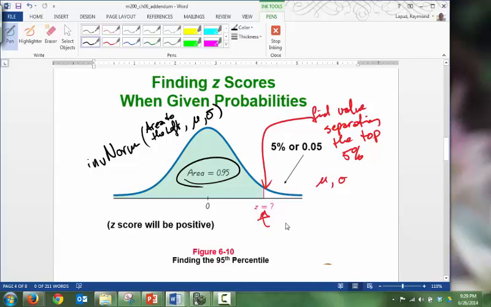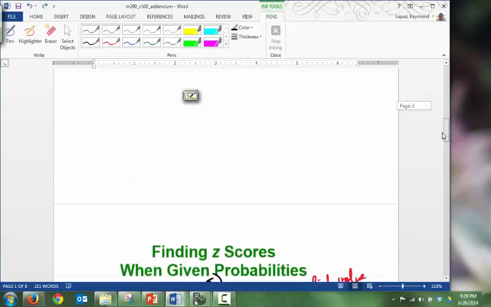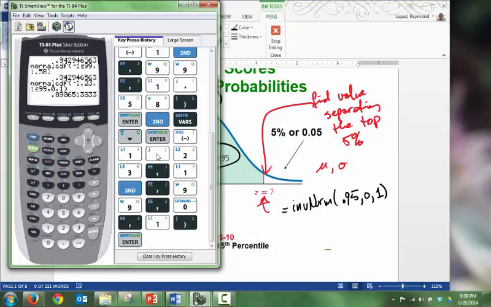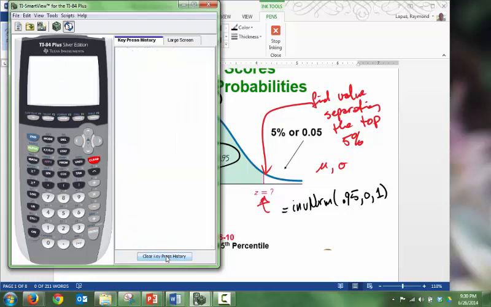So our answer here is going to be inverse norm. Area on the left is 95%. Our mean is 0, and our standard deviation is 1. So if we punch that into our calculator, inverse norm can be found in the same place where we find normal CDF, right after the normal CDF.